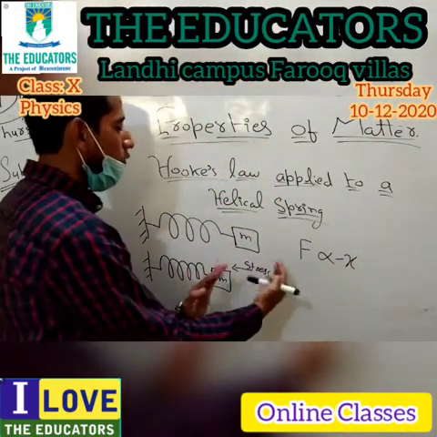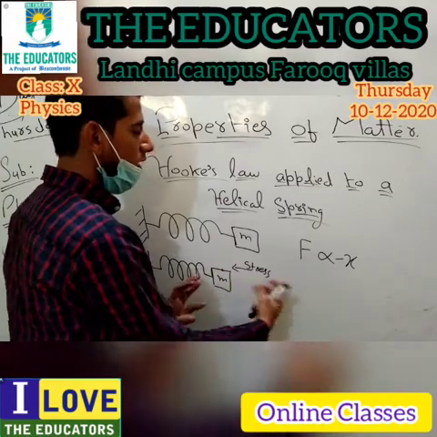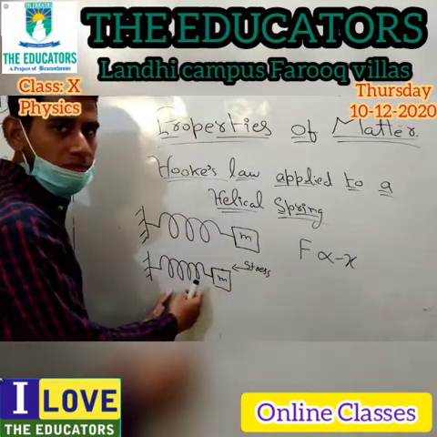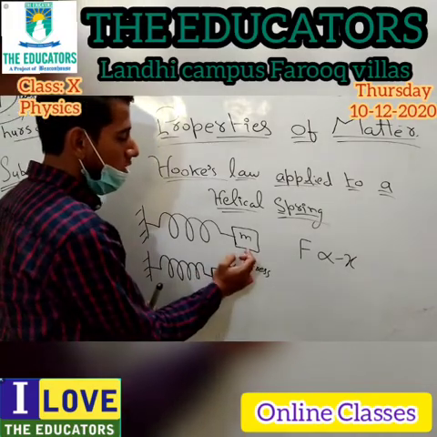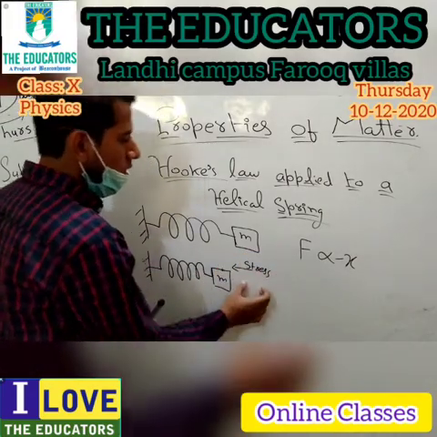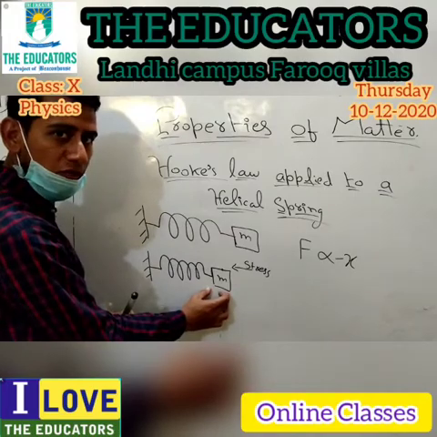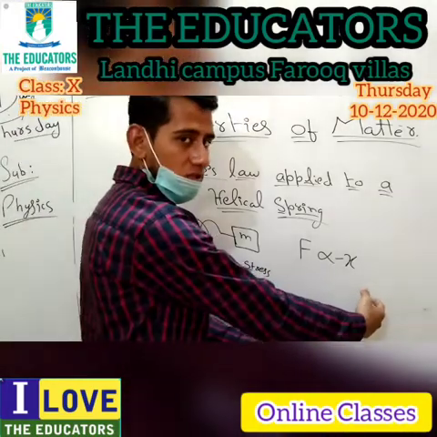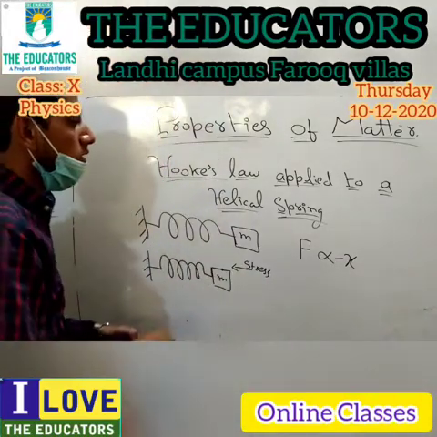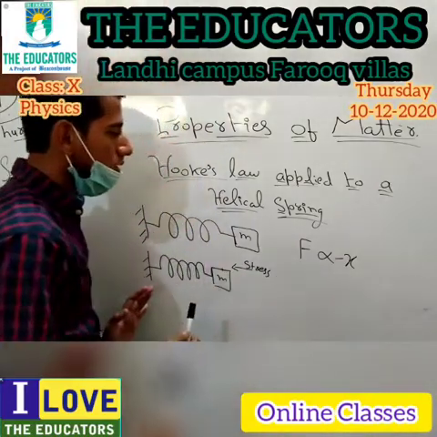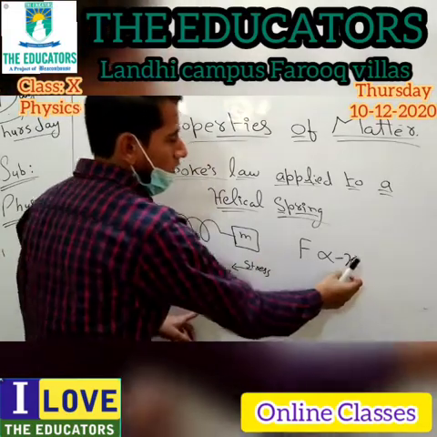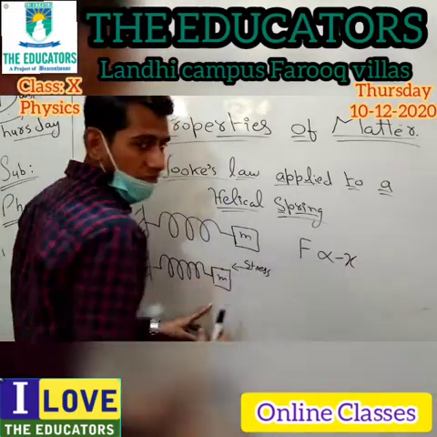It simply means the more I exert force here, the more I exert stress here, the more it is displaced from its mean position. This is its mean position. The more I apply stress here, the more it is displaced away from its mean position, either on the left side or stretched to the right side. So this relation shows us that the greater the force or stress, the greater will be the displacement away from the mean position.